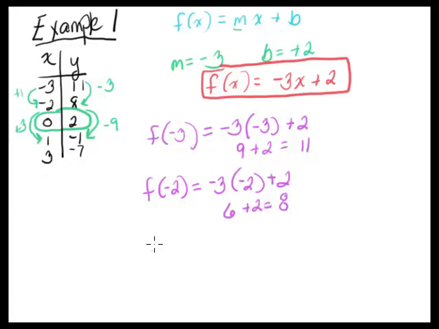And then f of 3, -3 times 3 plus 2. -3 times 3 is -9. -9 plus 2 is -7. So these values check out.